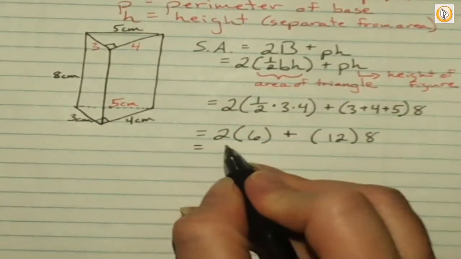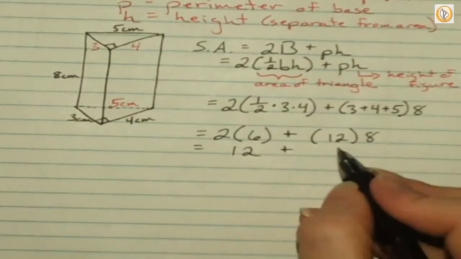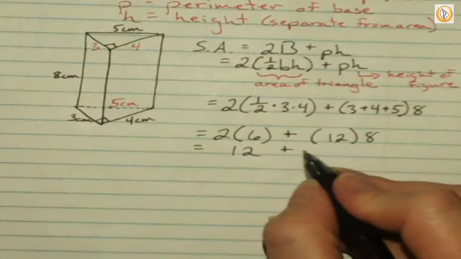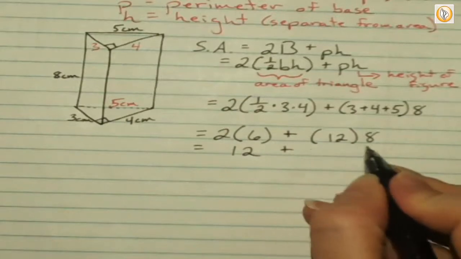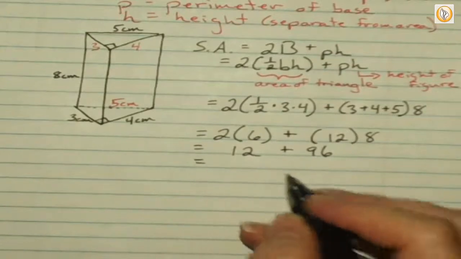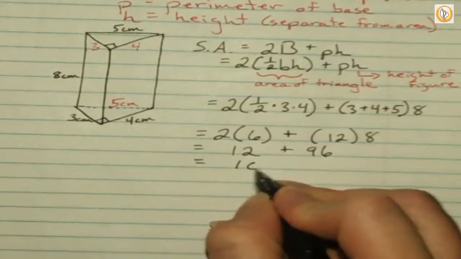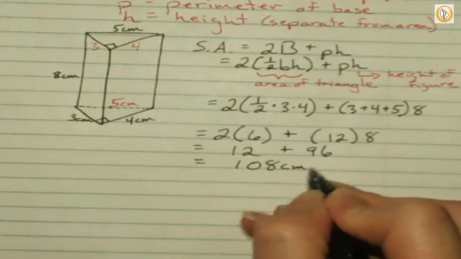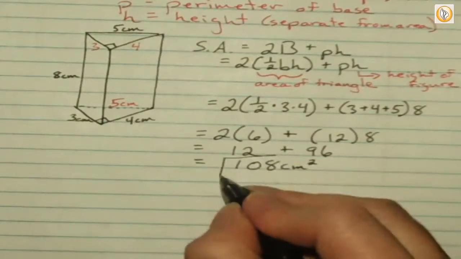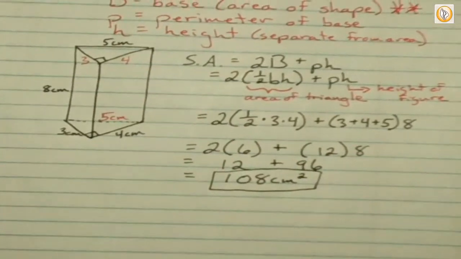So what is 2 times 6, plus, what is 12 times 8? 12 times 8, thank you. And then 12 plus 96 is 108 centimeters squared because we're still talking about area. Okay, that's how you do it. That's how you do a triangular prism.